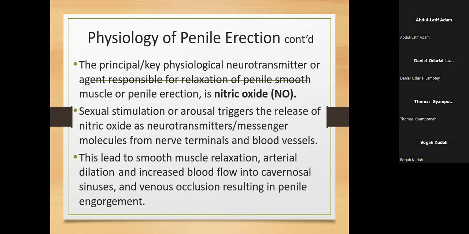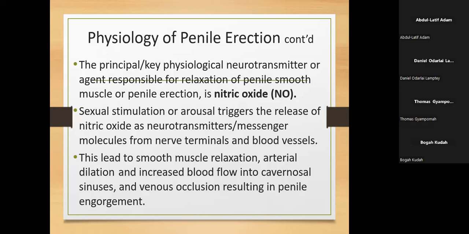Because we said that we want the arteries leading to the erectile tissues, and for that matter the cavernosal, to be engorged. And for that matter, they should relax. Something should cause it to relax.